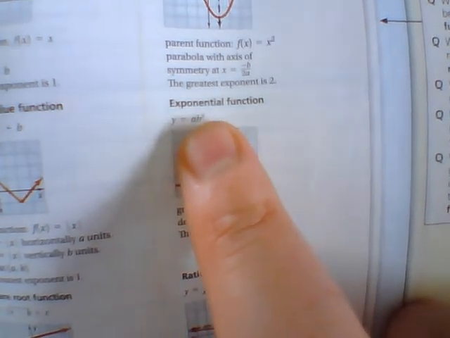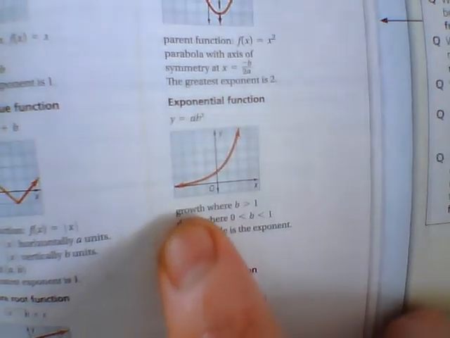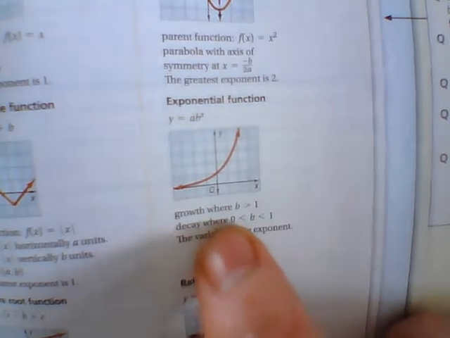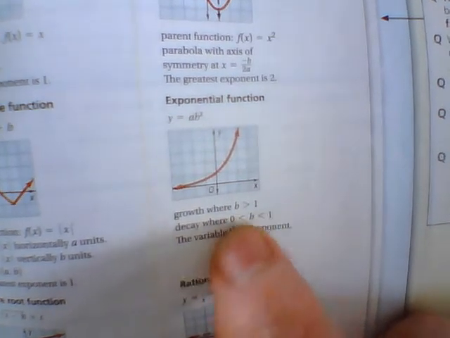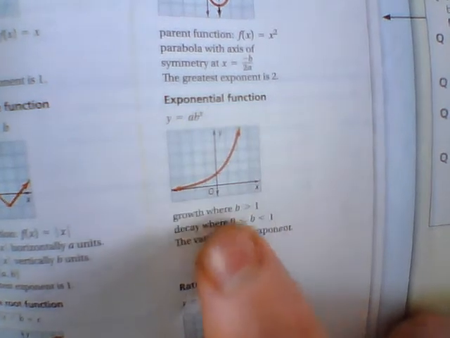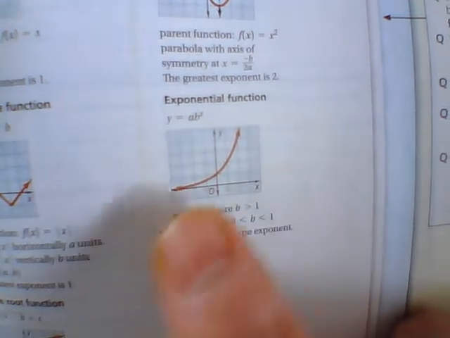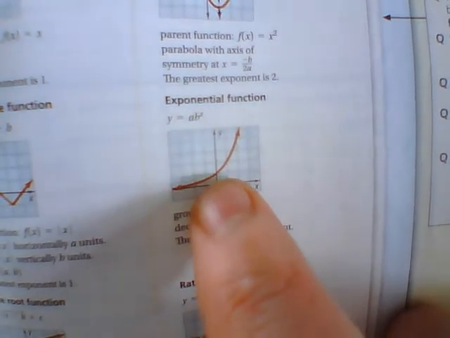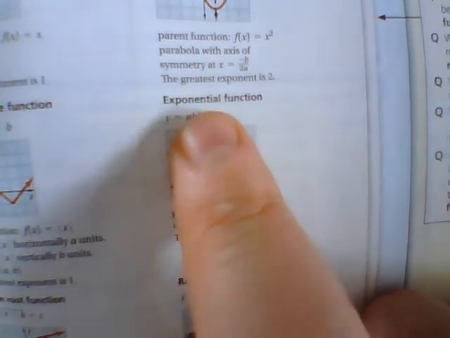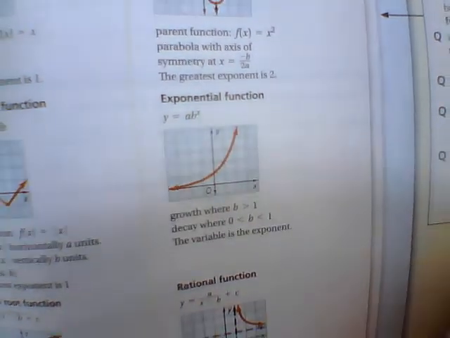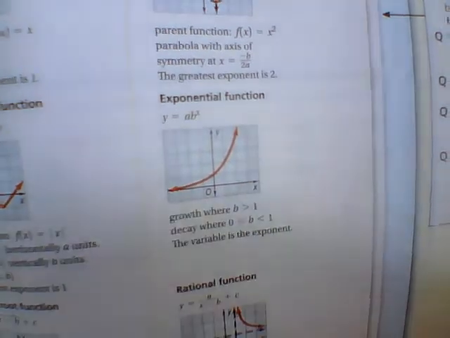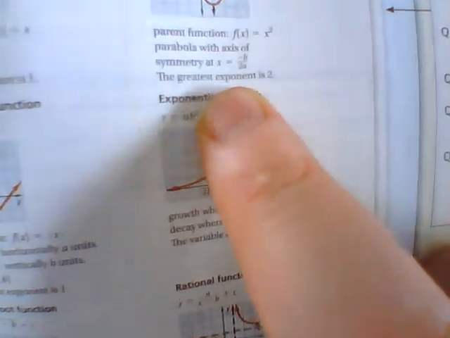B was a growth or decay factor. So growth factor when it's greater than 1, decay factor when it's from 0 to 1. Once again, we can't equal 1 and we can't equal 0, nor be negative. A tells us a y-intercept. Also, x now is our variable, our input, but x is located up in the exponent. So x is in the exponent, thus exponential function.